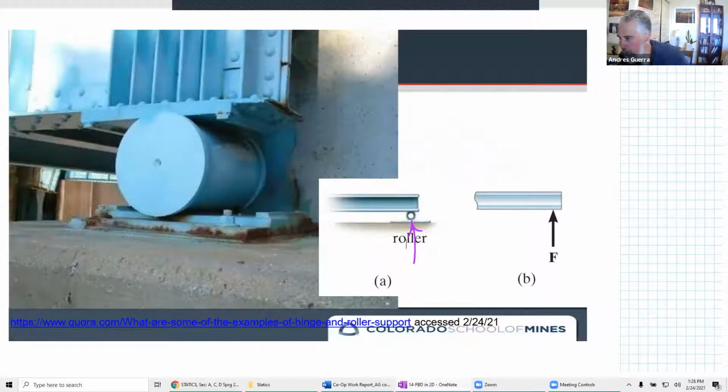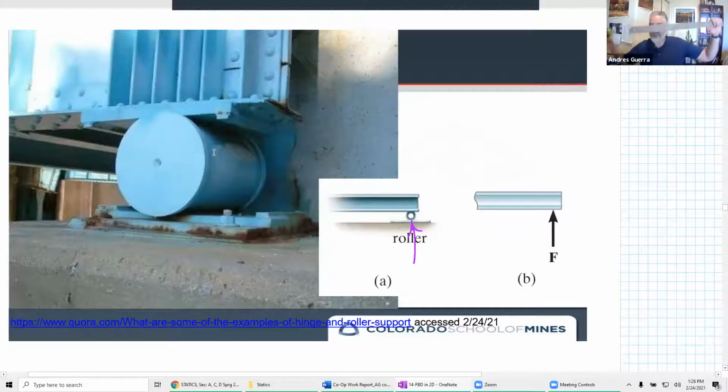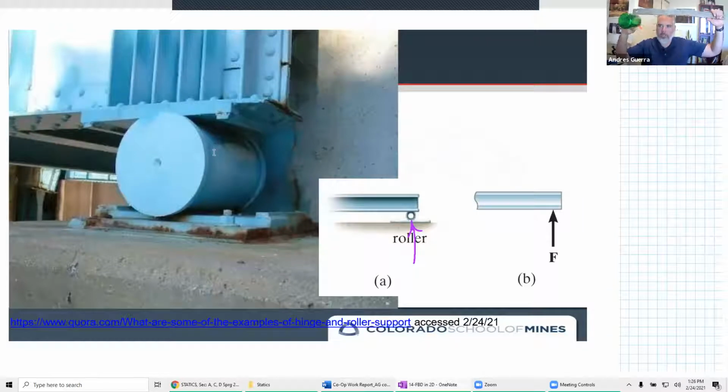Okay, and then I see a question here. If the pin prevents translation, how do we have an x and a y force? So remember, we're replacing the physical thing with a force. For example, if I pulled this roller away, what would happen? It's going to fall, right?